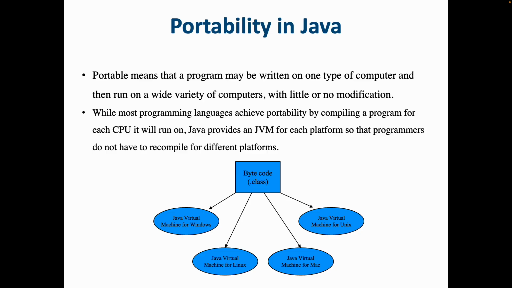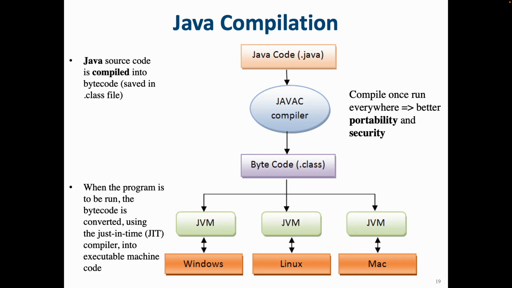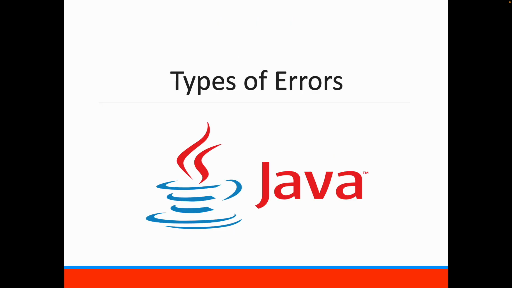Then I can provide these bytecodes, and each JVM will convert them to its own machine language. So the developer does not need to worry about whether the users are using Windows or Mac. The only thing is that users should install the correct JVM, and then they can run those .class files. Do you have any questions so far?